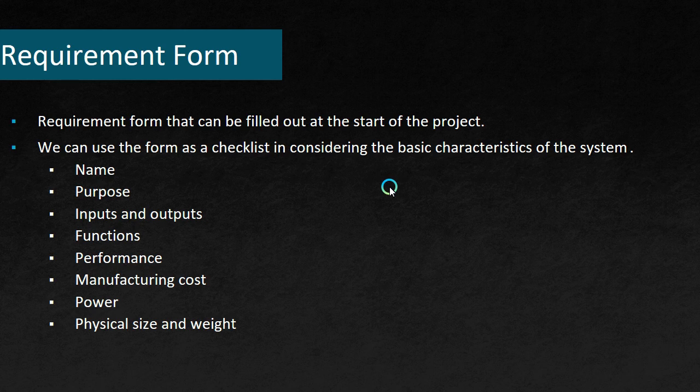One of the most important decisions is whether the machine will be battery powered or plugged into the wall. Physical size and weight: you should give an indication of the physical size of the system to help guide certain architectural decisions.